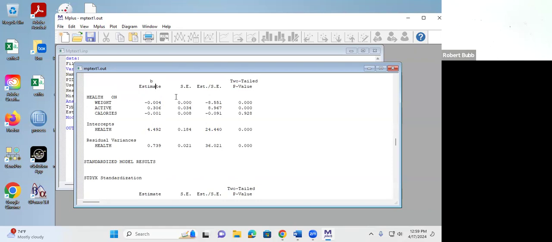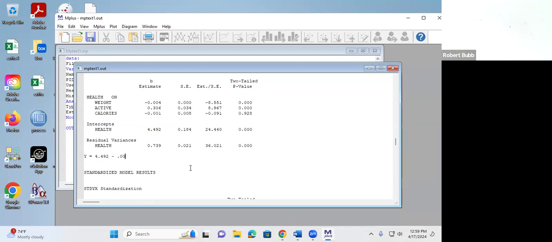So what else do we need here? Let's put our regression equation. So y in this case equals 4.492 minus 0.004 times x1. I guess we could put x in parentheses, weight, right?